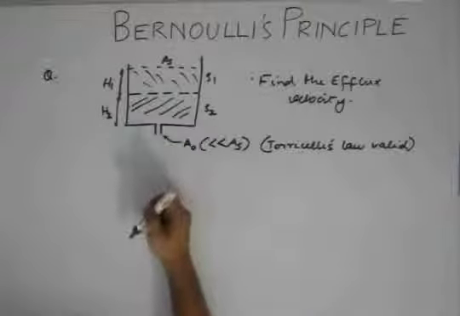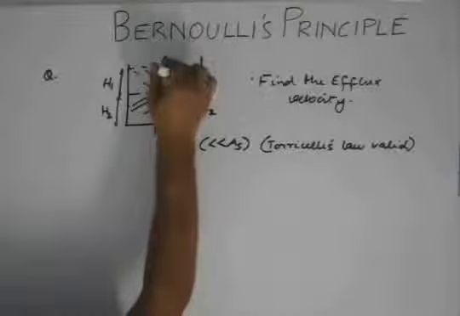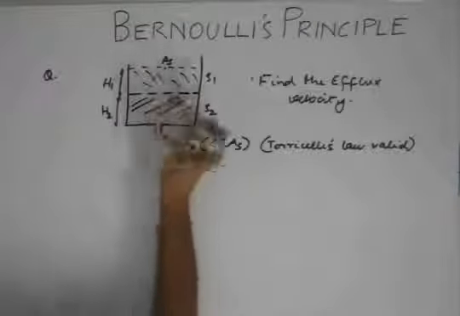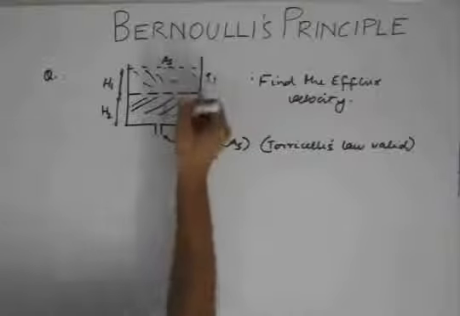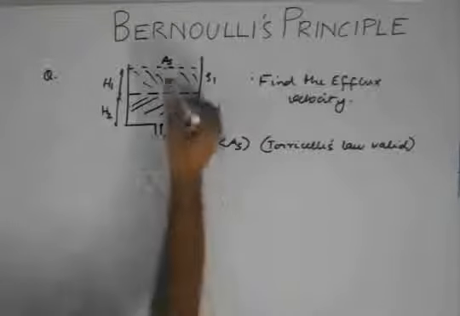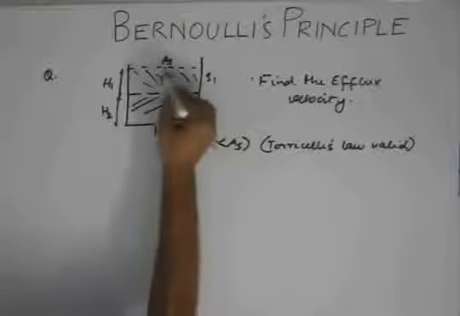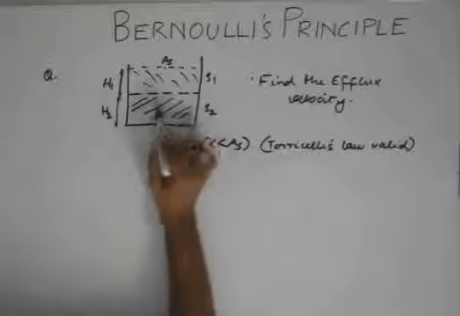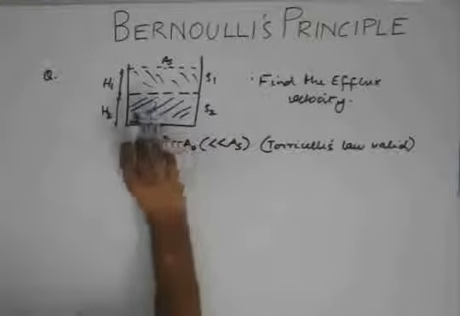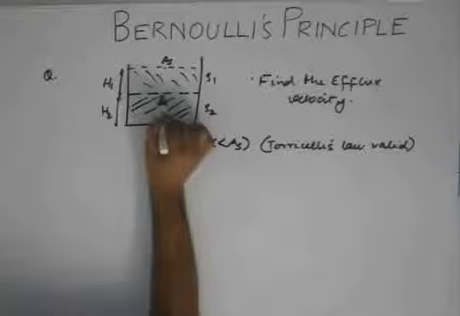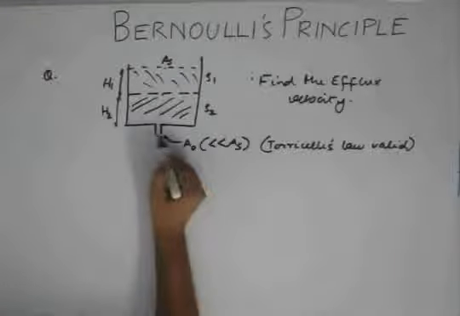If we choose a point here and a point here, then obviously we cannot apply Bernoulli's equation, because this is a situation where there are two liquids. The streamline, whatever path this fluid particle will take, will have to travel through two liquids. Thus Bernoulli's equation cannot be applied between these 2 points. So let's say we apply Bernoulli's equation between this point and this point.